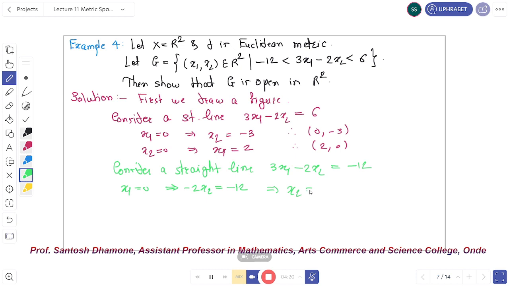Okay, these are the distances between the point (P1, P2) and the two lines 3x1 - 2x2 = -12 and 3x1 - 2x2 = 6.